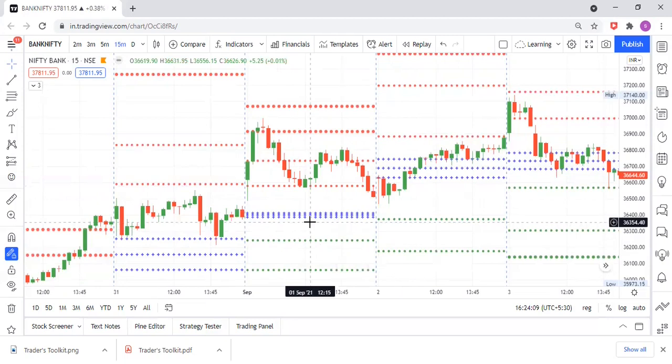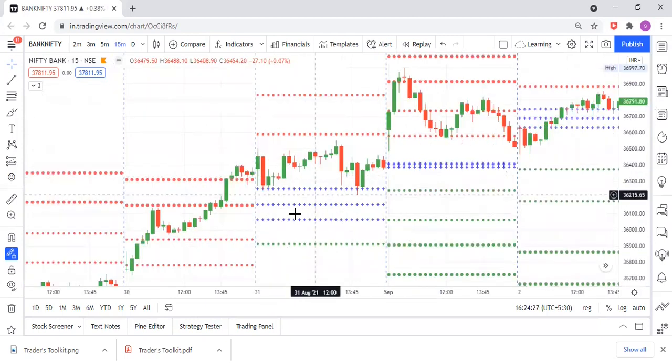When I say the shape of CPR, you look at these three blue lines, that is the CPR, the central pivot range. Now, you see for some days these lines are quite narrow, with no gap in between, and there are some days where you have a huge gap in between.